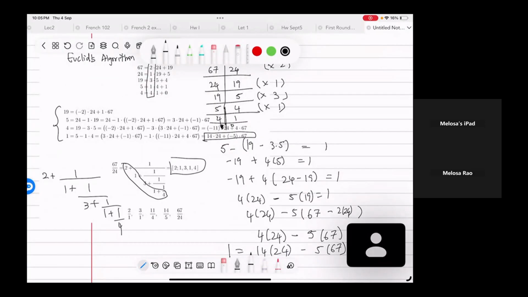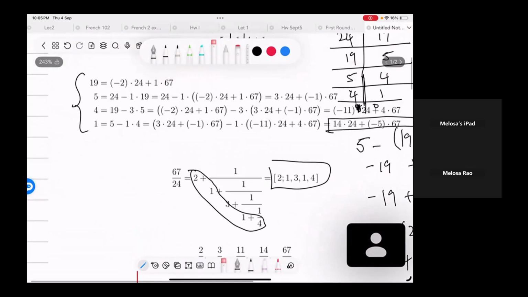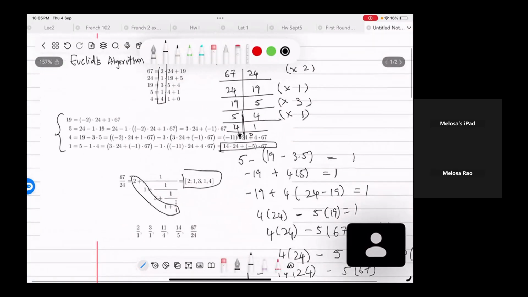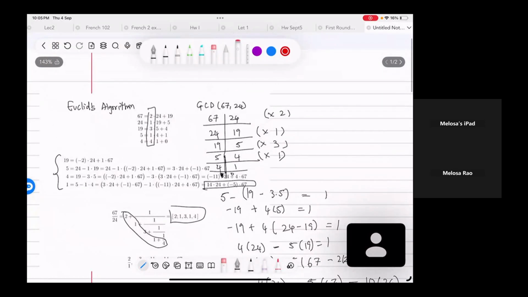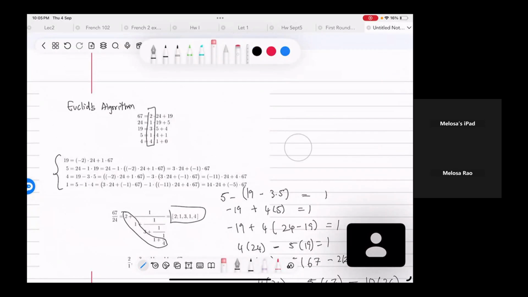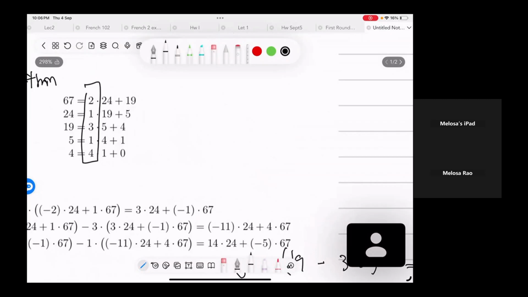So that's it. And how are we getting to this? How can we construct this from just 67 over 24? So let's use our first equation, and I can just erase this. Let's use our first equation, 67, and divide this by 24 on both sides.